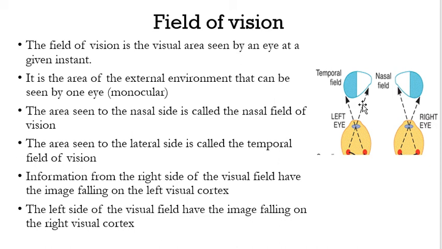Okay, so let's practice. We're talking about the field of vision. If I say the field of vision that I am concentrating on is the right side of the right eye, which one am I referring to?